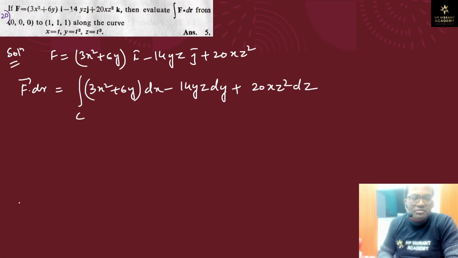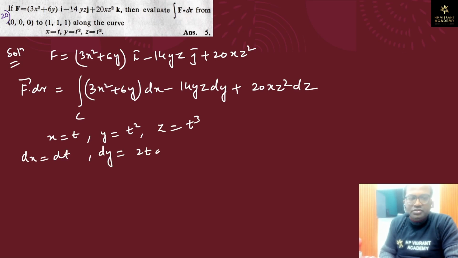We have the parametric equation as x is equal to t, y is equal to t square and z is equal to t cube. So from here we have dx is equal to dt, dy is equal to 2t dt and dz is equal to 3t square dt. Okay, so let us put this in this particular equation.